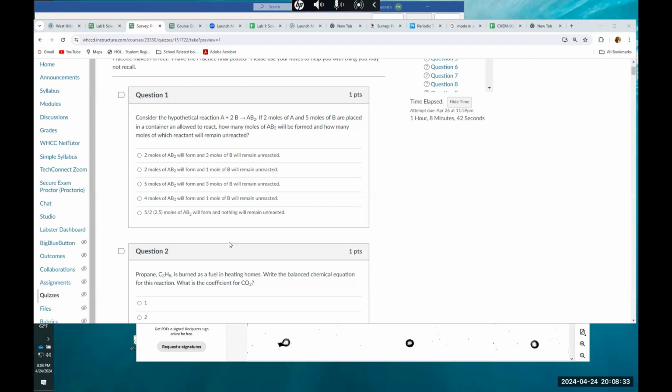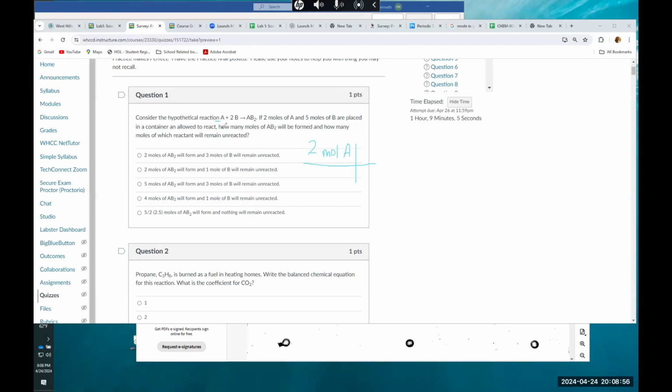So we know that we have 2 moles of A and 5 moles of B. Let's start off with our 2 moles. We want to look at that ratio.